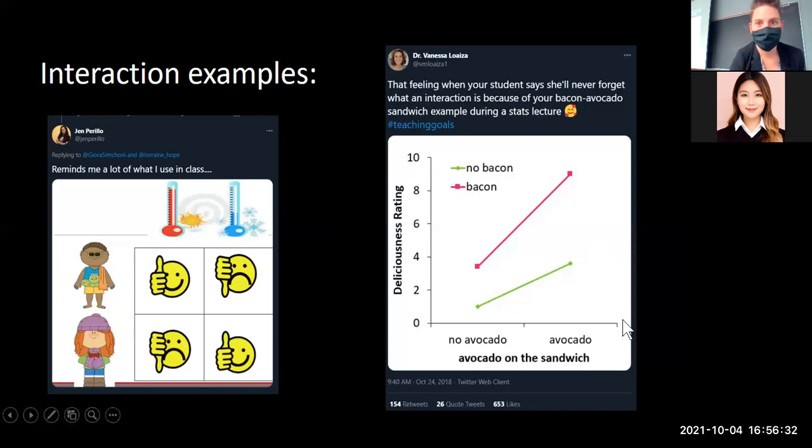Yes. Thank you, Lisa. It's stronger if there's bacon than if there's no bacon. Or to be more general about it, the relationship between avocado inclusion and tastiness is dependent on whether there is bacon.